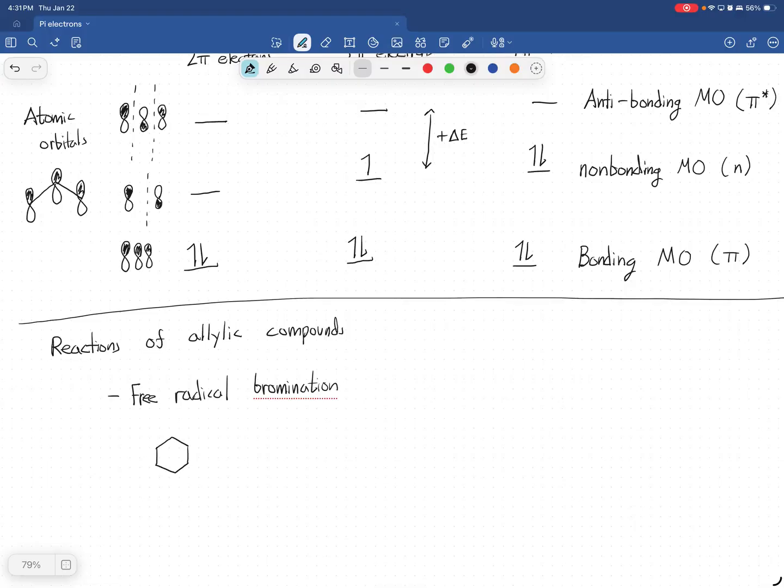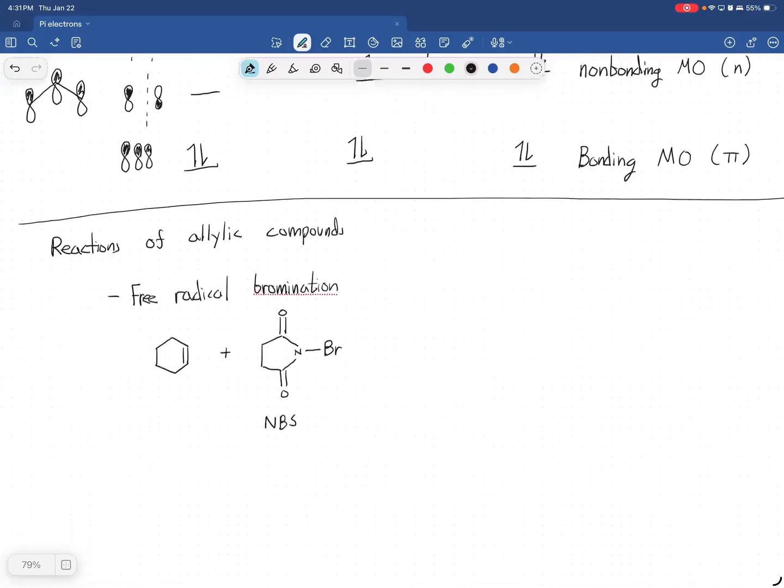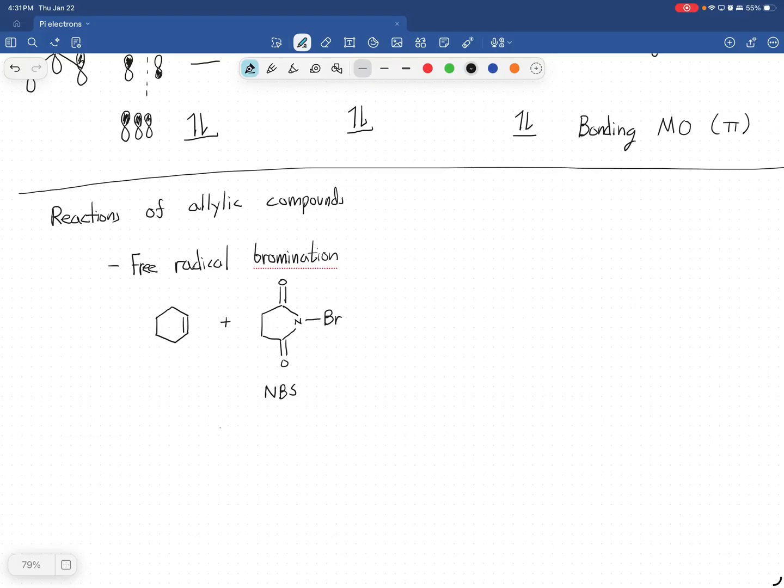So let's say we have our alkene, not just this alkene, but an alkene in general. You need this reagent, which has a special name: N-bromo. This is called NBS. It's not a broadcasting station.